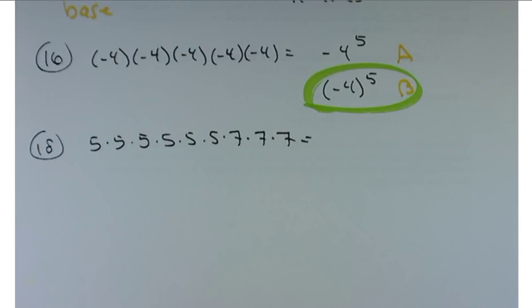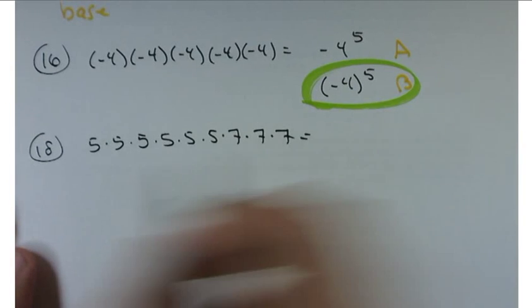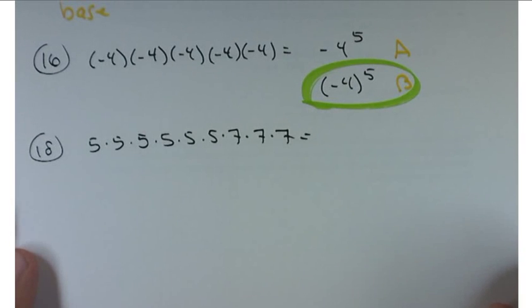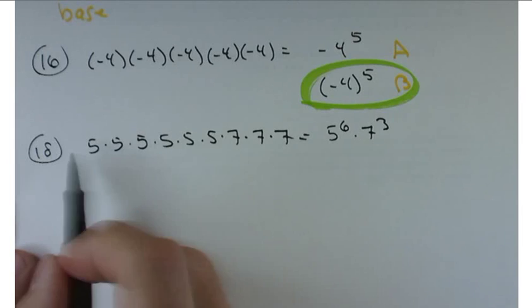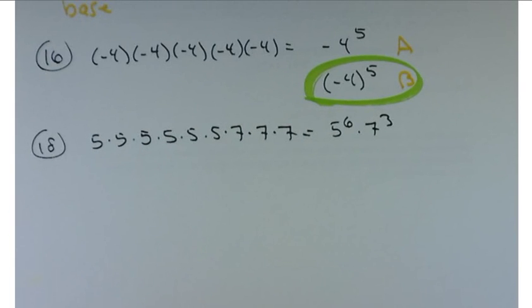So Ethan, what would that look like if I wrote this using exponents? Good. 5 to the power 6 times 7 to the power 3. Just counting up the number of terms that we have there. Thank you, sir.